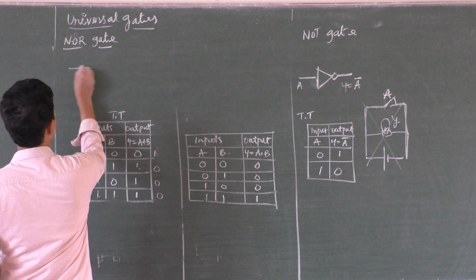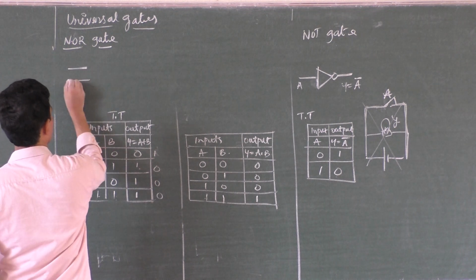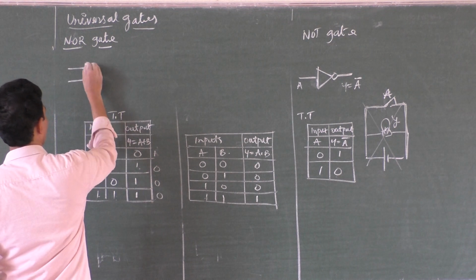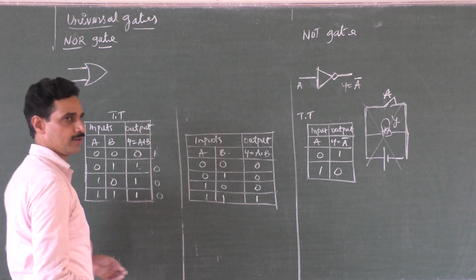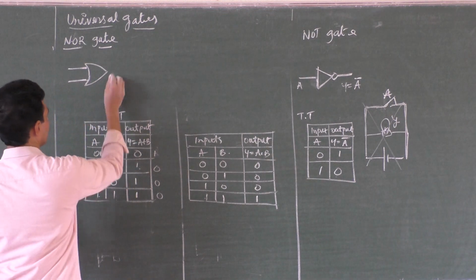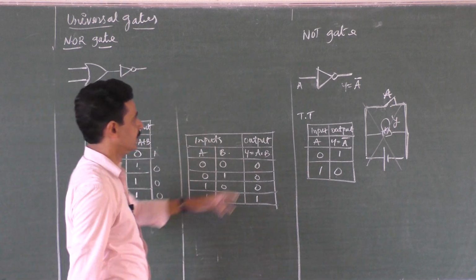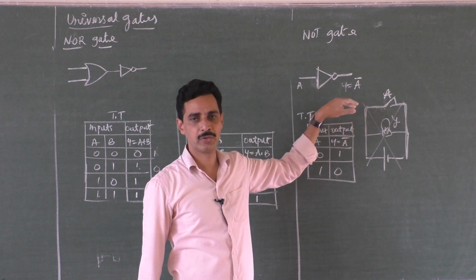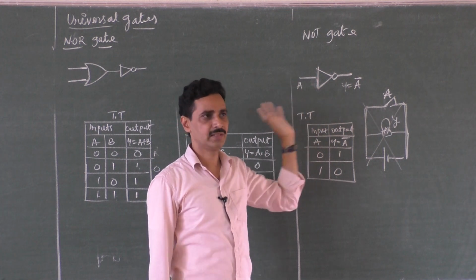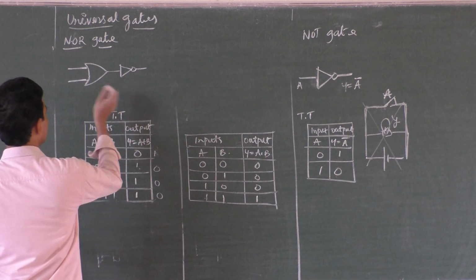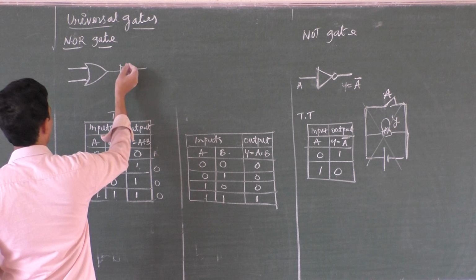I will realize it using only symbols. See, this is OR, right? The output of the OR gate is connected to the NOT gate. You know what NOT is? It complements the input to the output. It gives output which is not the input. Then the resulting logic circuit is called a NOR gate circuit.